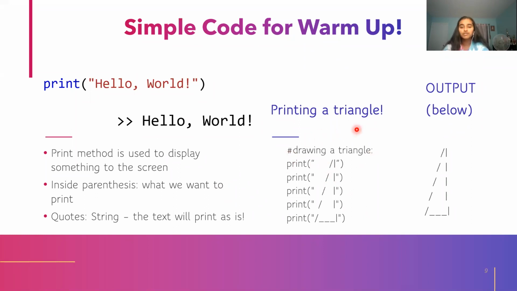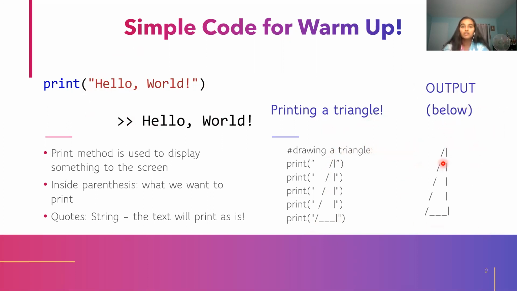You're pretty much going to utilize that print command multiple times, and you're just going to format your code because whatever is inside these quotation marks gets printed out as is. So we just want to make sure that everything lines up. You can see this takes the shape of a triangle. And this was the output for print, and the output for printing a triangle will be something like this.